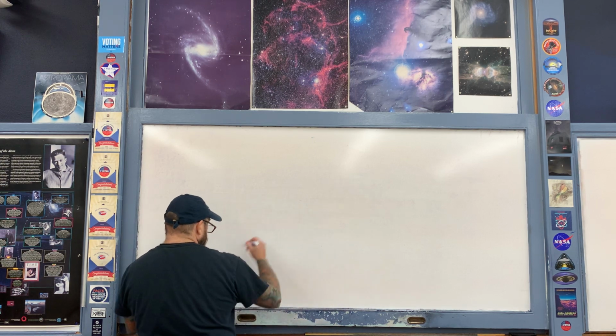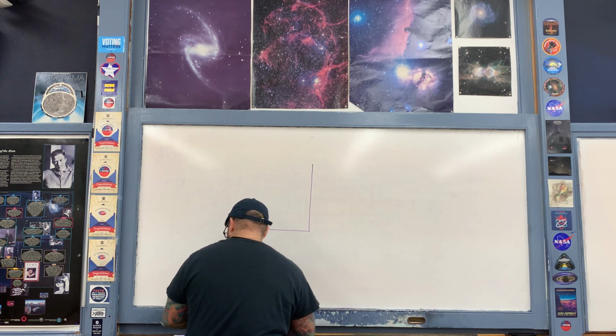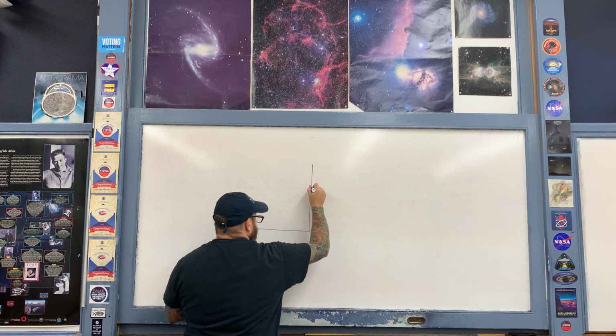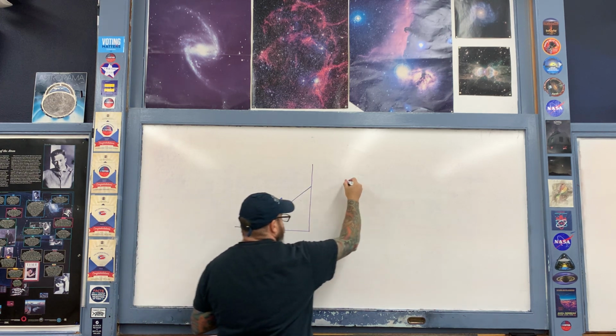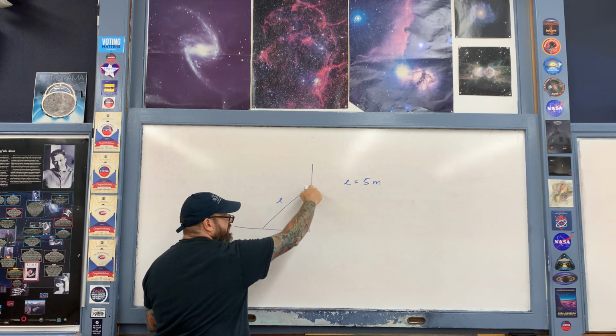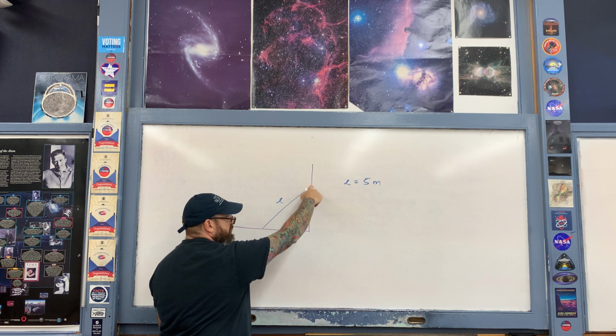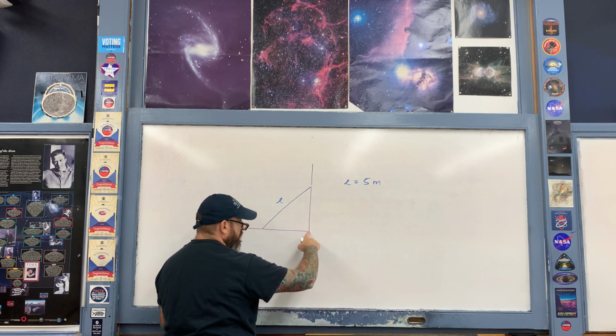Okay, here's then how we'll picture it though initially. So here's the floor, here's the wall. Okay, and then right here is a ladder that is doing this, like so. The length of the ladder L is given to us as 5 meters. And then this point of contact here with the upper portion of the ladder and the floor, that distance there is given to us as 4 meters.